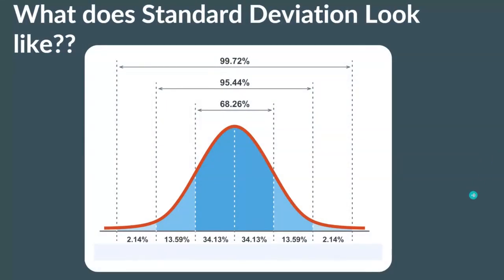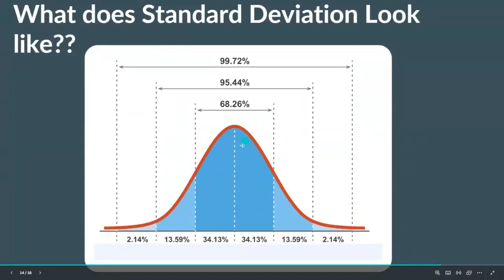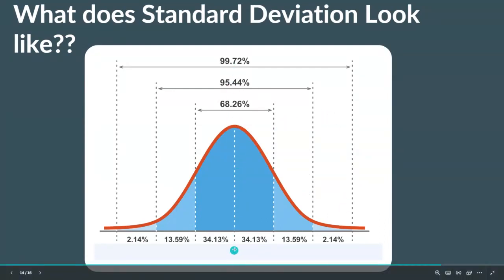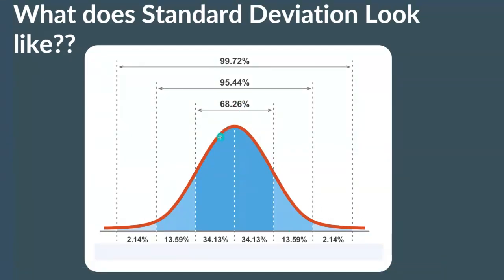There we go. Okay, so this is basically what you're trying to achieve with standard deviation. What standard deviation tells you is the value of these little sections. If you have the mean in the middle here, and remember this is a distribution graph, so this isn't necessarily each data point that is plotted here.